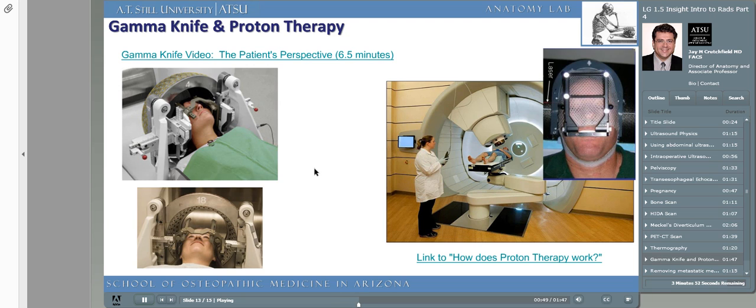The image on the right shows proton therapy and a link to how proton therapy works, as well as other links showing how gamma knife therapy works from the patient's perspective. Proton therapy is currently the most expensive medical treatment in the United States. It's based on years of research and the application of protons, not neutrons or X-rays, to treat intracranial neoplasms as well as other neoplasms.